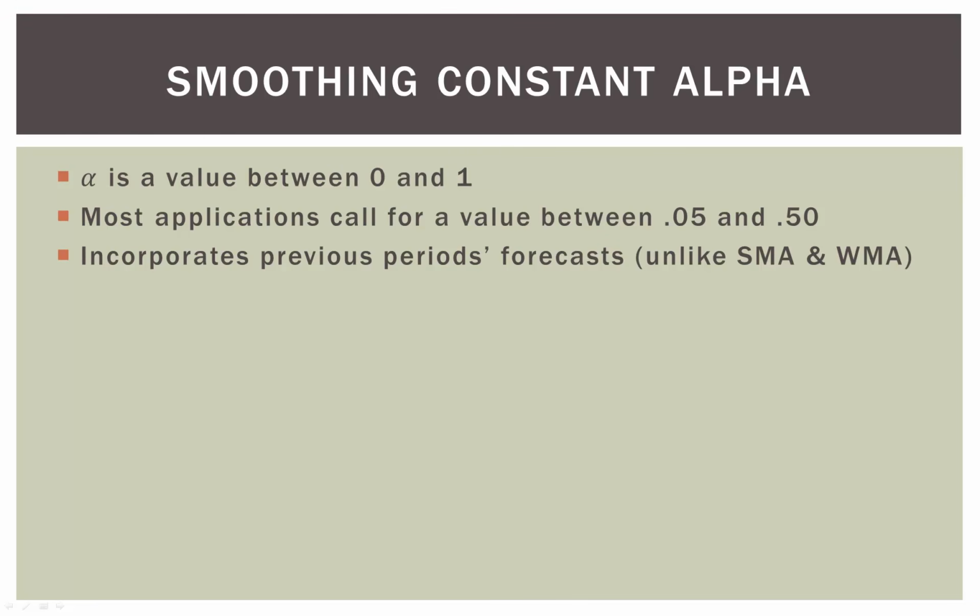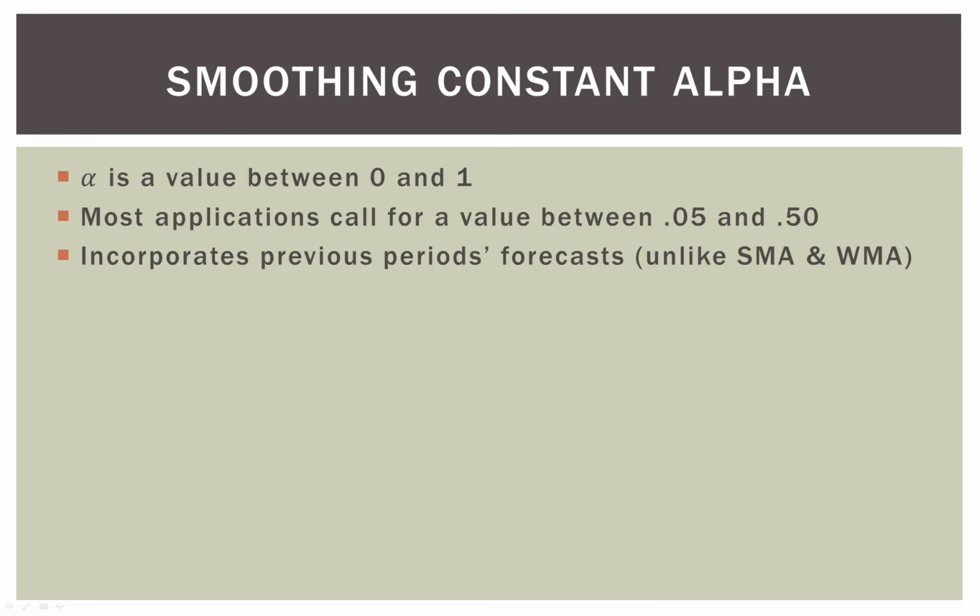Now, the EMA incorporates previous periods' forecasts, unlike the simple moving average and weighted moving average. If you remember, in those two, we were only using prior years or prior periods data. In the simple moving average, we just picked a certain number of years we wanted to average together. We averaged those years together, and that was our next forecast.